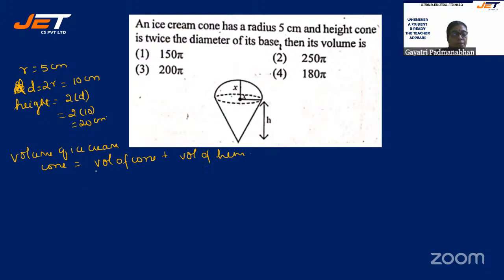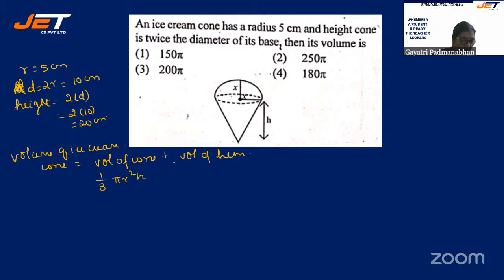So what is the volume of the cone here? It is a right circular cone, isn't it? The volume is 1 by 3 pi r square h. And next we have the volume of the hemisphere.